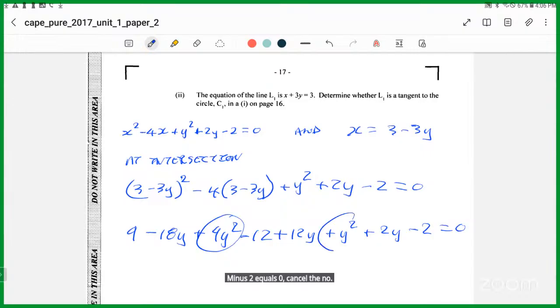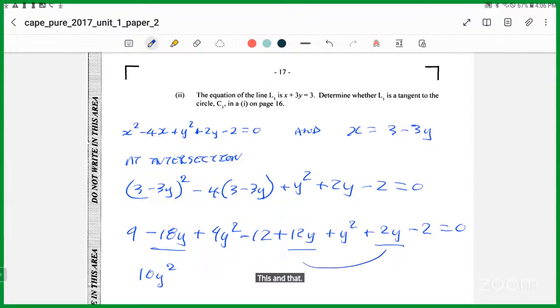Consolidate now. This time we get 10y squared. The y terms now: that's 14y minus 18y. 14 minus 18 is negative 4, so that's minus 4y.